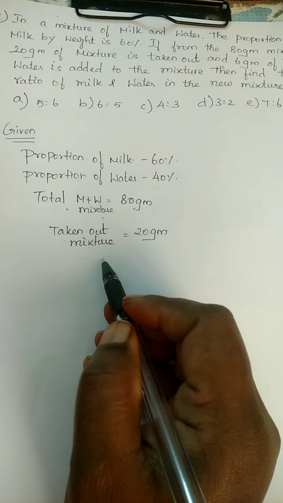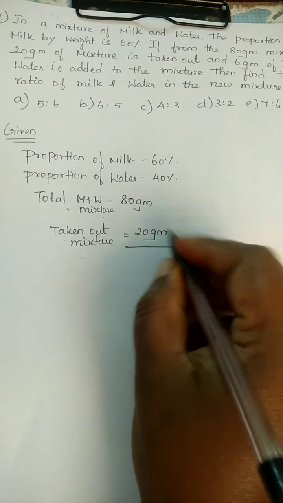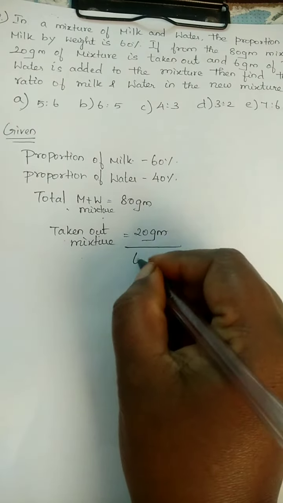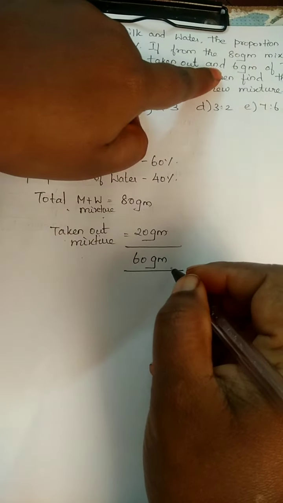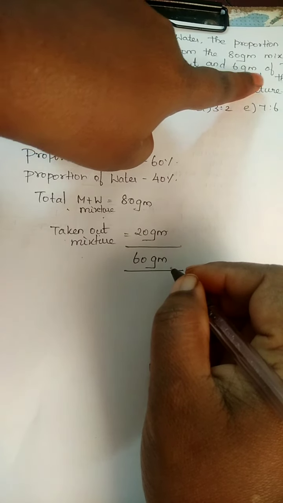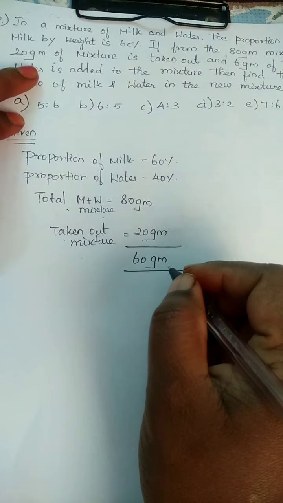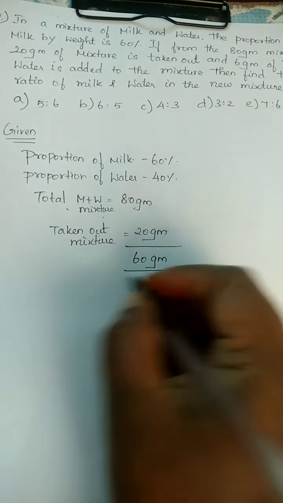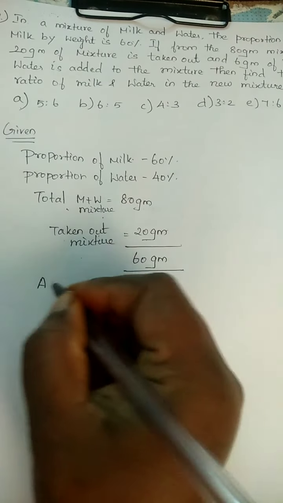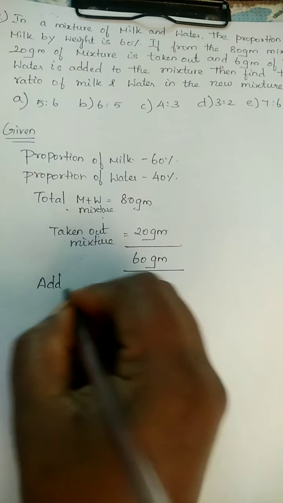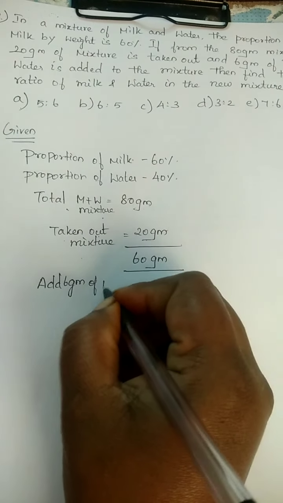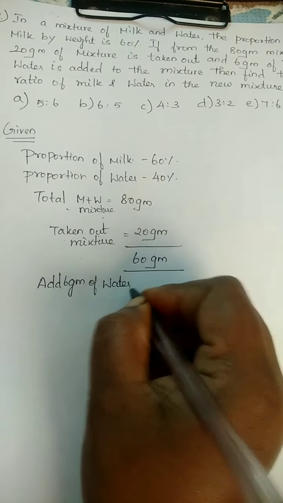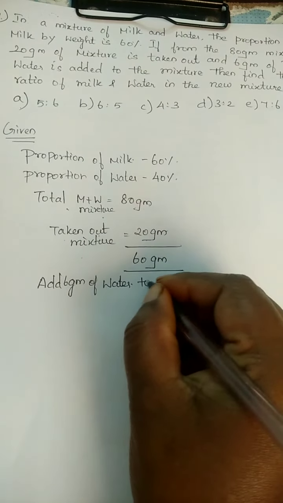What we have to do? We have to subtract. 80 minus 20, 60 gram. And 6 gram of water is added to the mixture. After removing 20 gram, they will add 6 gram of water.